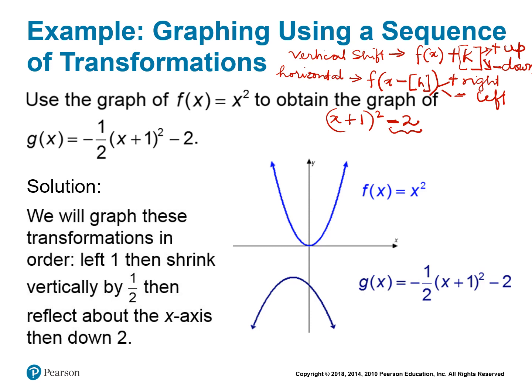However, the generic form is f of x plus k. So if we pull out the plus from the minus, then the value of k is negative 2, isn't it? All right, the value of k is negative 2. So if k is negative, then it shifts down 2 units from its original position.